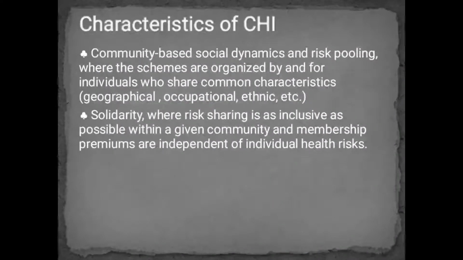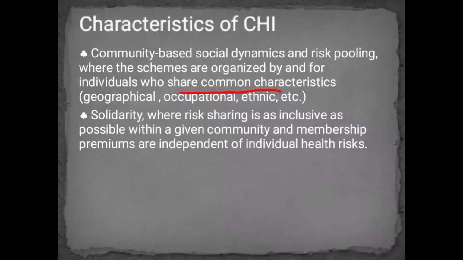So what are the characteristics of community health insurance? We'll understand the concept better if we go through the characteristics. Community based social dynamics and risk pooling, where the schemes are organized by and for individuals who share common characteristics.